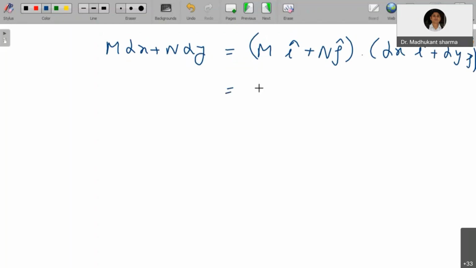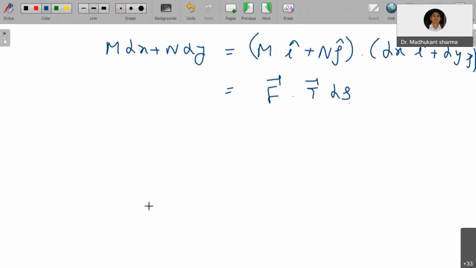So in other words, that is going to be F dot dr, or F dot T ds, where T is the tangent vector. So what will it give you? It is the work done, or you can have the circulation density.